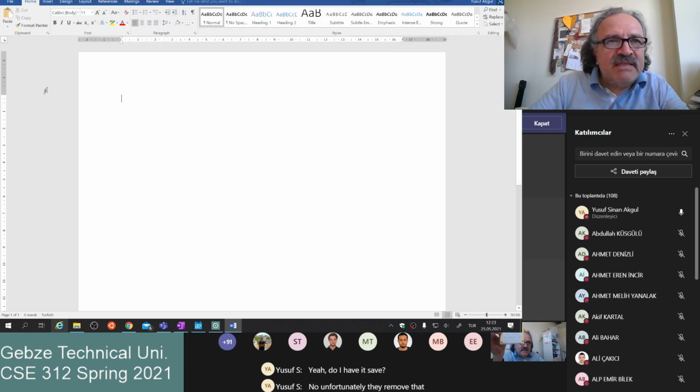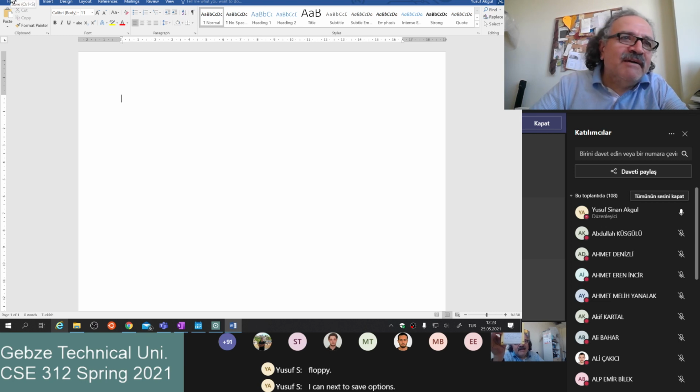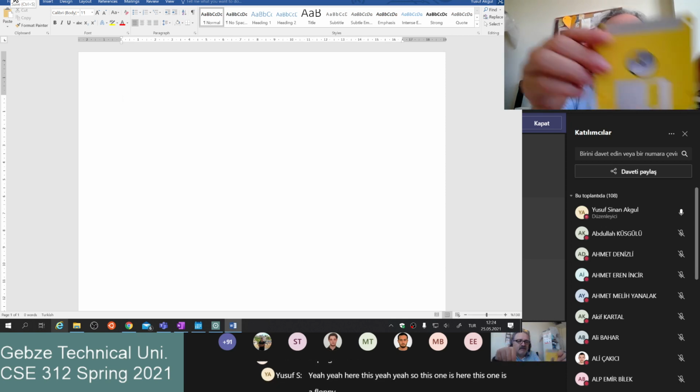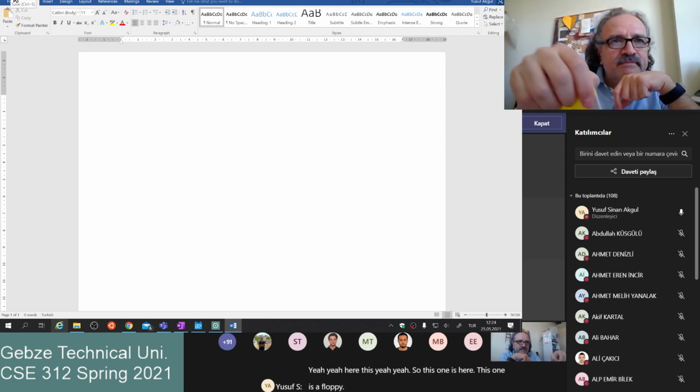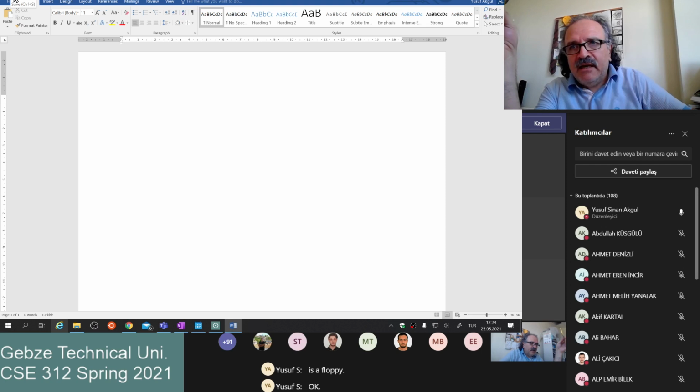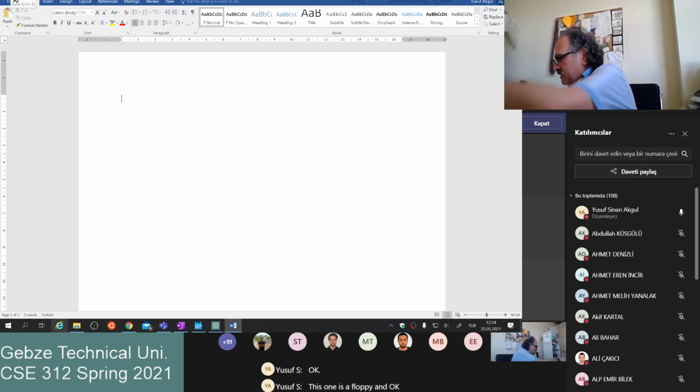Usually they put a small floppy icon next to the save option. Yeah, here it is. This one is a floppy. This one is a floppy. Okay, let's go back to our slides.